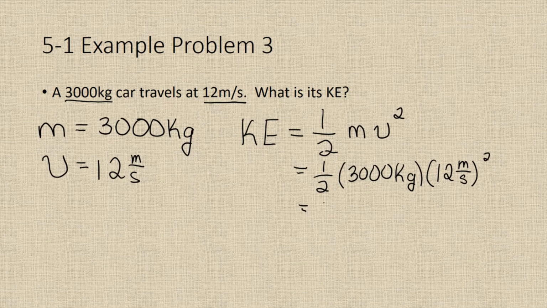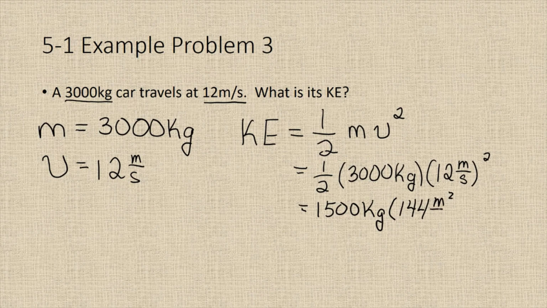So 1/2 times that 3,000 will give you 1,500. That stays as kilograms, no change to the unit there. 12 meters per second squared is 144 meters squared per second squared.